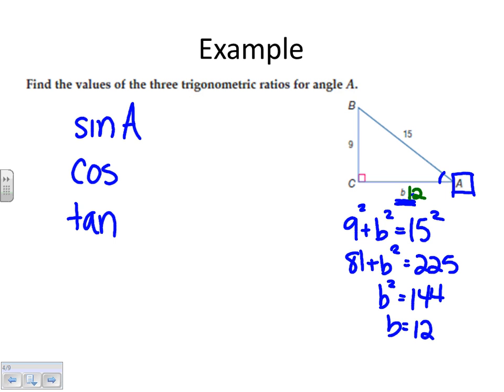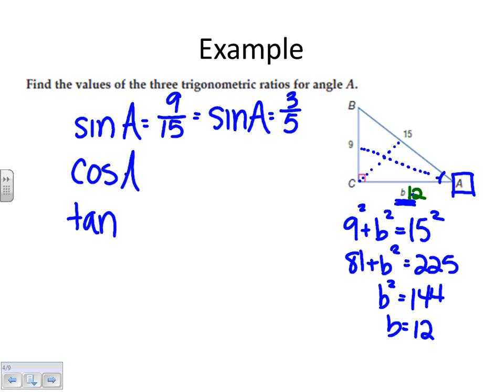So the sine of A is opposite the angle, the side opposite from A, which is 9, over the hypotenuse, which is directly across from the right angle, which is 15. We reduce this as sine A equals 3/5.